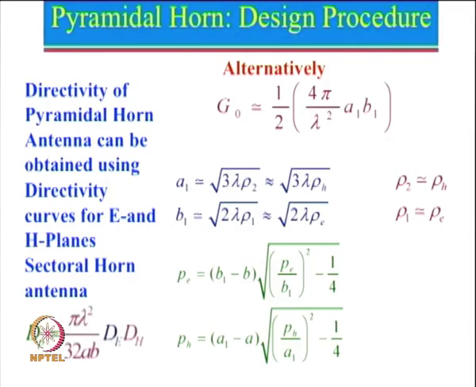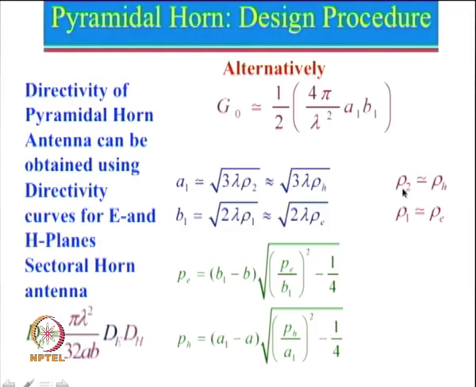So, now we had seen for an optimum pyramidal horn antenna, first we had looked into the sectoral. So, we had seen for E plane sectoral, this was the optimum dimension. For H plane sectoral, that was the optimum dimension. Now, again here an assumption has been made that rho 2 is approximately equal to rho h, which is not always true.